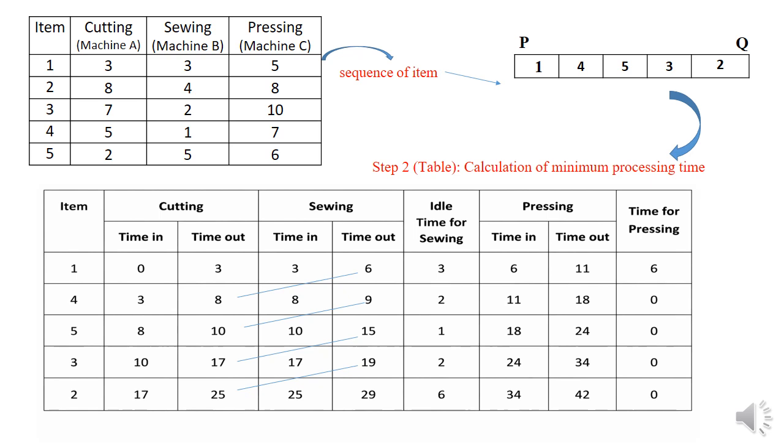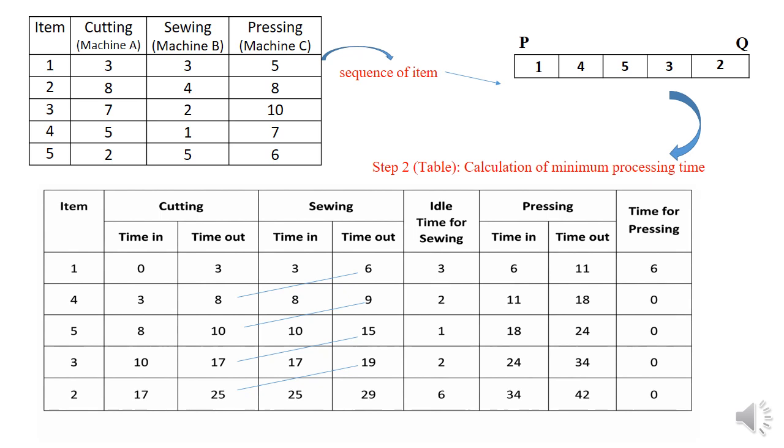Now the idle time of sewing machine, that means the waiting time of sewing machine, is 6 hours for starting this task, because the time out of previous task in sewing machine was 19 and the time in of the present task or present item in sewing machine is 25. So we found the difference here, 6, and it is the gap, and it is the idle time of sewing machine or waiting time of sewing machine for starting the item 2.